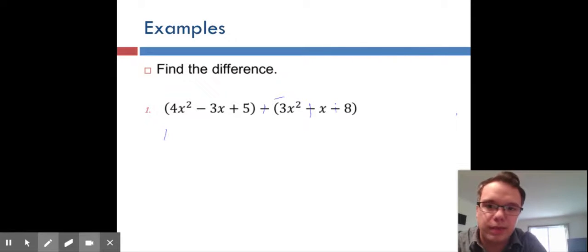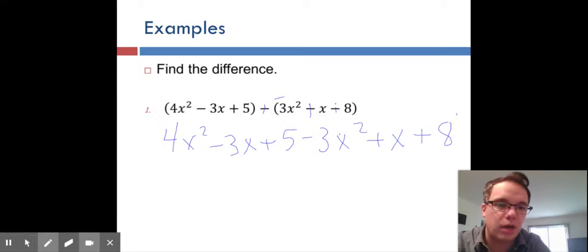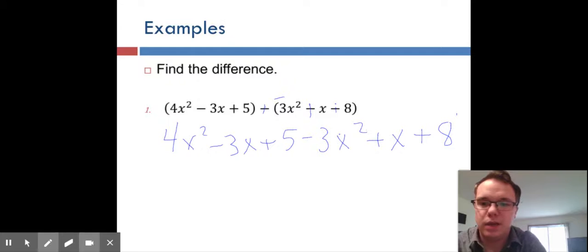So if we drop our parentheses, we get 4x squared minus 3x plus 5, plus a negative 3x squared, or minus 3x squared, plus x plus 8. So we changed the center to addition, and we changed all the signs in our second polynomial. So now it's just an addition problem like we've been working with.